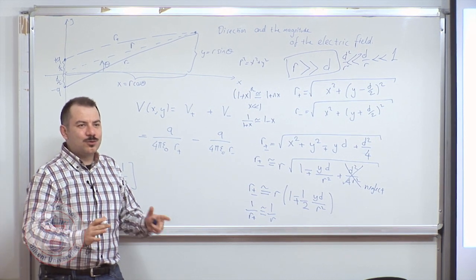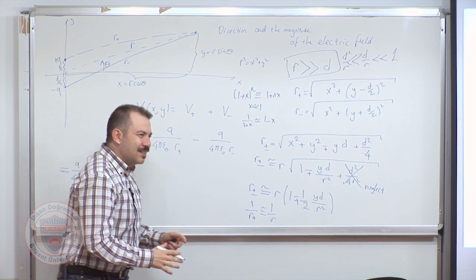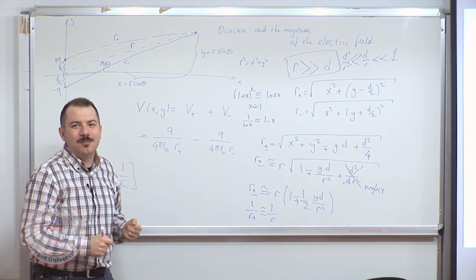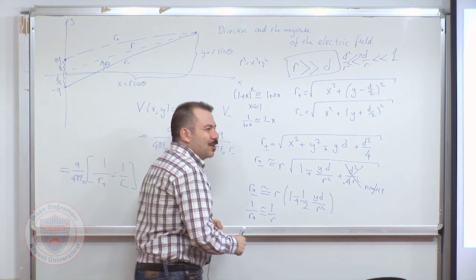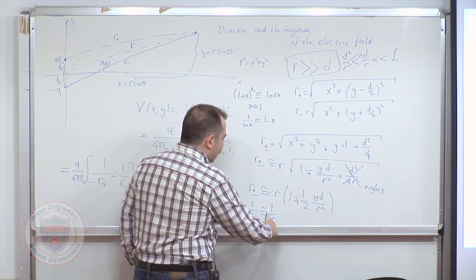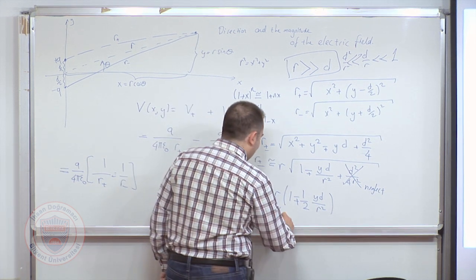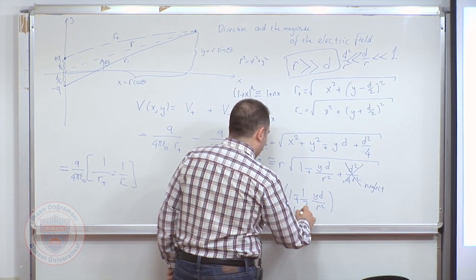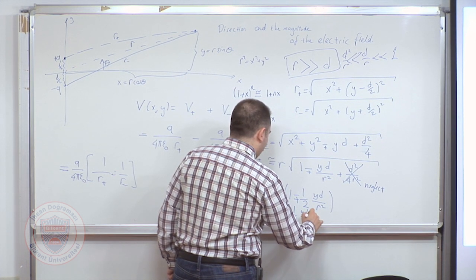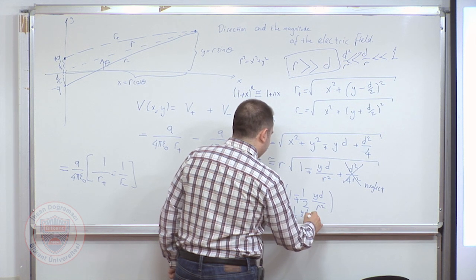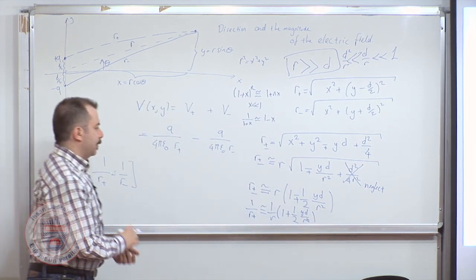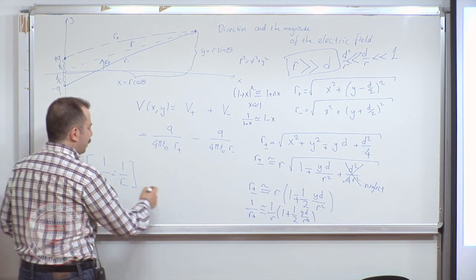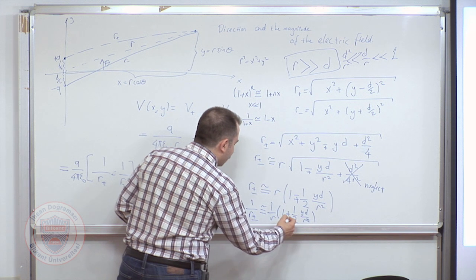It may look weird if you're doing it for the first time. Believe me, it's not. Just put x equals 0.001 on your calculator, punch the numbers a few times, and you'll believe I'm not doing something crazy. So this is 1 over r times 1 plus 1 over 2 y d over r square. How about the minus? It's going to change the sign.